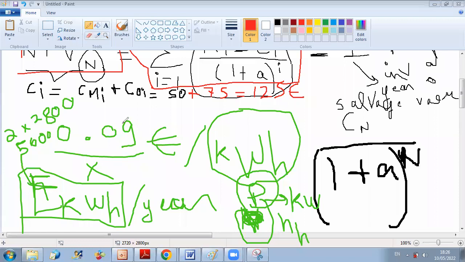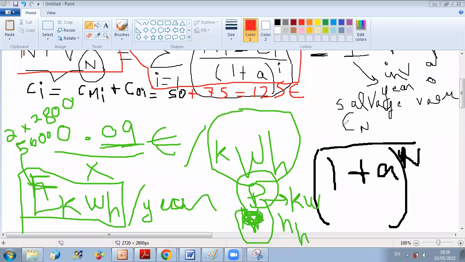It is very close to an income of 550 or 560 euros per year. So this is the amount you are gaining per year.